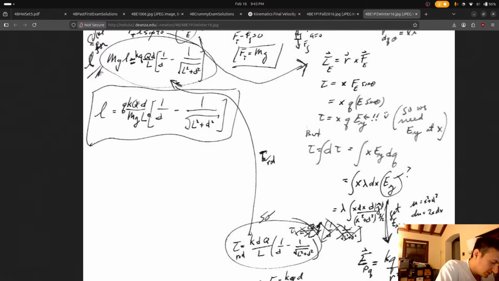Okay, so here lambda KQD X. There's no X in here.